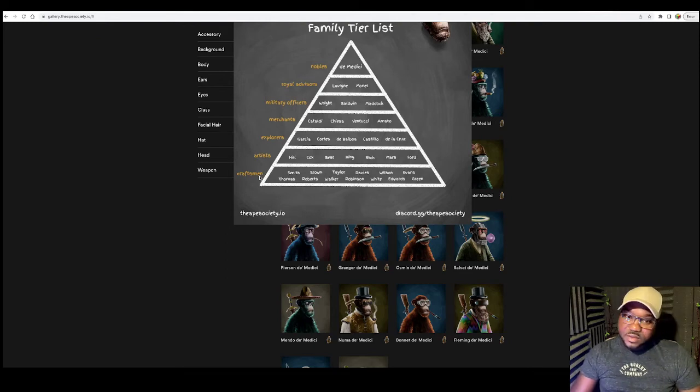So for craftsmen, you have the Simmet, Thomas, Brown, Roberts, Taylor, Walker, Davis, Robinson, Wilson, White, Edwards, Evans, and Green, right? So these are the different classes, and these are the names associated with those different classes.